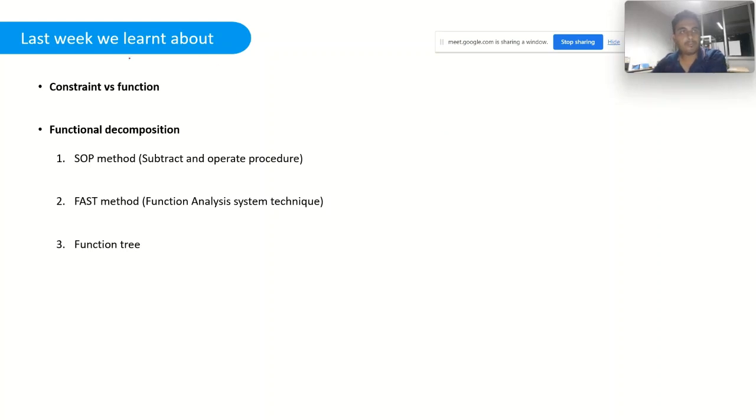Okay, so what we learned in the last class. Have you attended the last class? Yes. Okay, so I'll briefly talk about some of the key topics from the last class. One is constraint versus function. After we come up with our product specifications, we know the nature of the specifications is a metric plus a value, right?